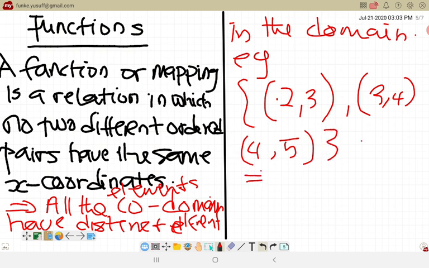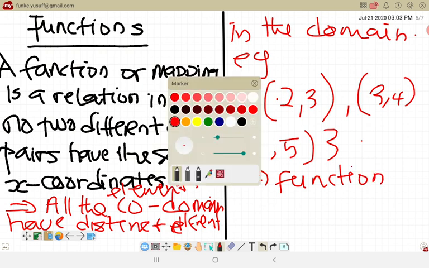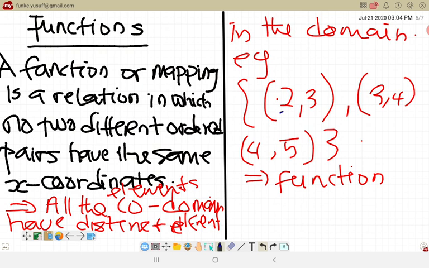Okay, this is a function because all the elements in the domain are different. Look at the domain, they are all different. So this is a good example of a function.